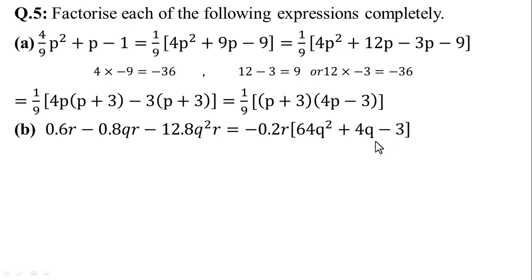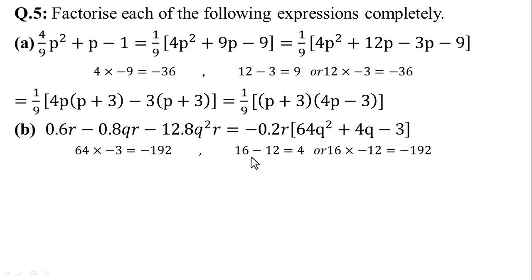Now the mid-term breaking of 4 into two parts. Here we have 64 multiplied by minus 3 is equal to minus 192. Now we can break 4 into two parts: the addition answer is 4 and the multiplication answer is minus 192.